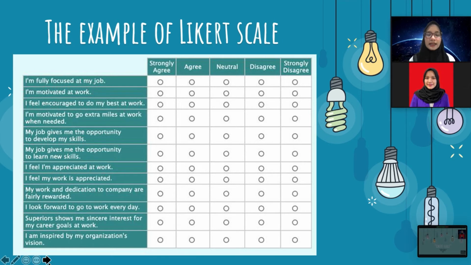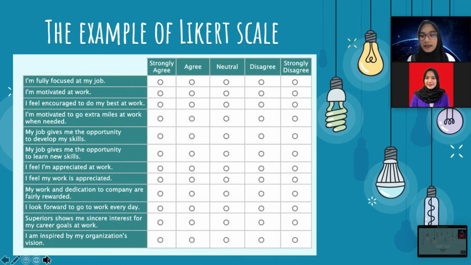And in statistics too, the answer with neutral is not calculated because the answer is uncertain. And this is an example: I'm fully focused at my job, and you can answer strongly agree, agree, neutral, disagree, or strongly disagree, based on your perceptions.